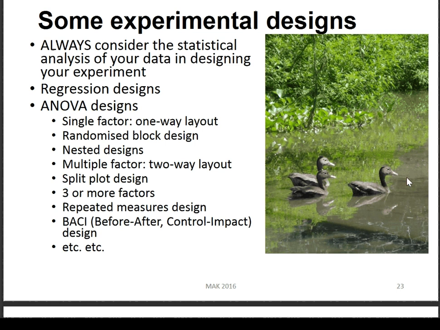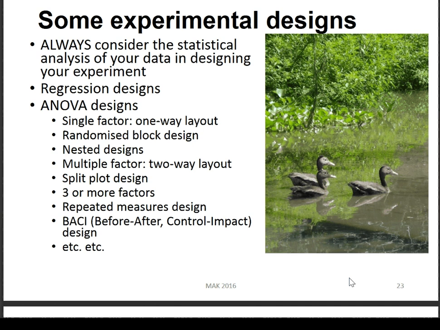All right, this is just introducing some of the statistical analyses. The most popular ones tend to be regression designs and ANOVA designs. So regression designs are used more to take a look at species and how abiotic factors or characters of a habitat control the density of species. Okay?